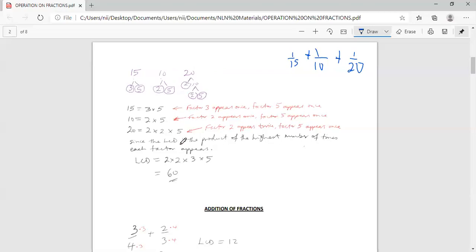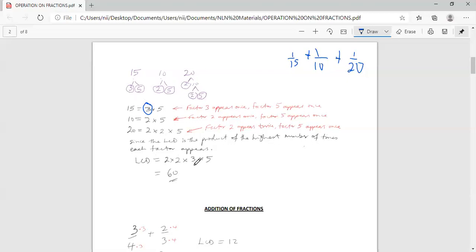Okay. So now let's find out the maximum number of times each factor appears. I have 3 as one of the factors, so let's start with the 3. If I look at this, 3 appears once here, and the factor 5 appears once here, right? So for 3, the maximum number of times it appears is once.